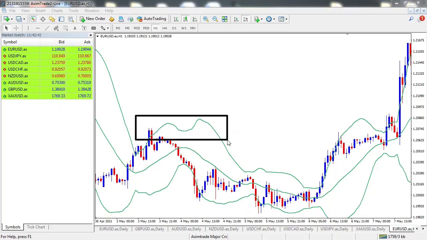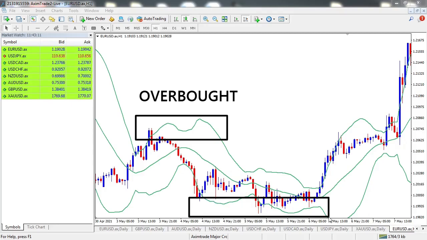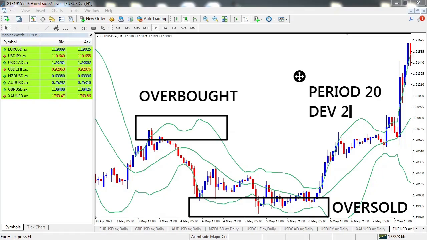As a result, the popular consensus is that when the price approaches the top band, it is overbought, and when the price approaches the lower band, it is oversold. The Bollinger Bands have a default setting of 20 and 2. When using trading bands, we should pay close attention to the price action when it approaches the band's edges.